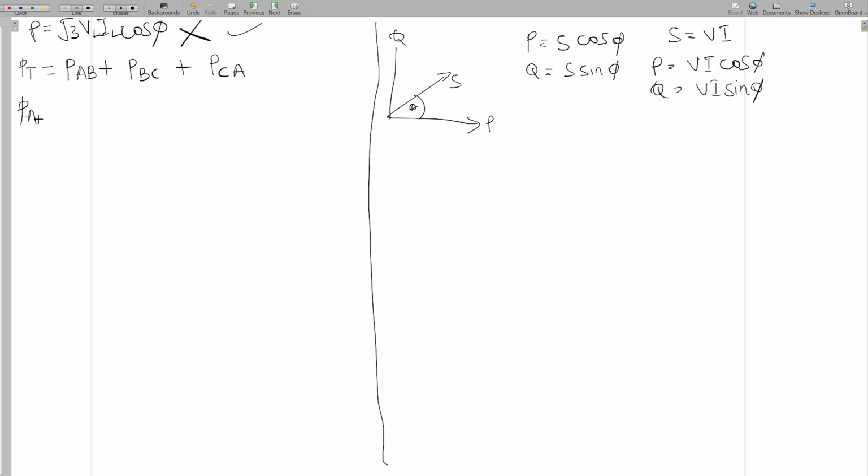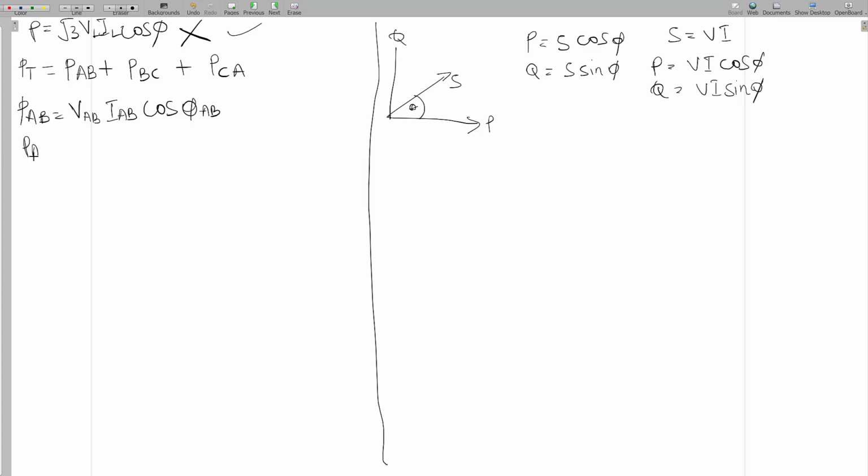So PAB should be the voltage at AB, and the current at AB, and the angle between the voltage and the current.